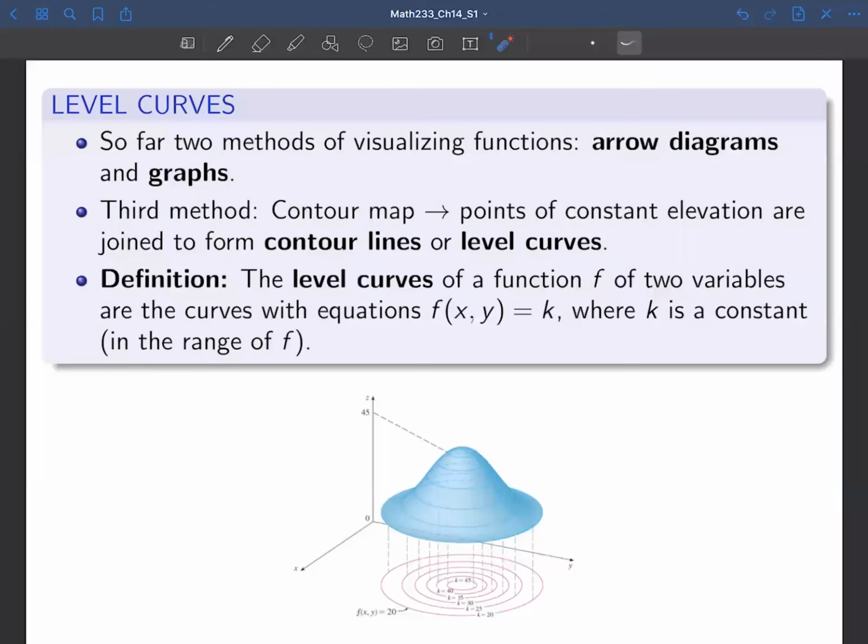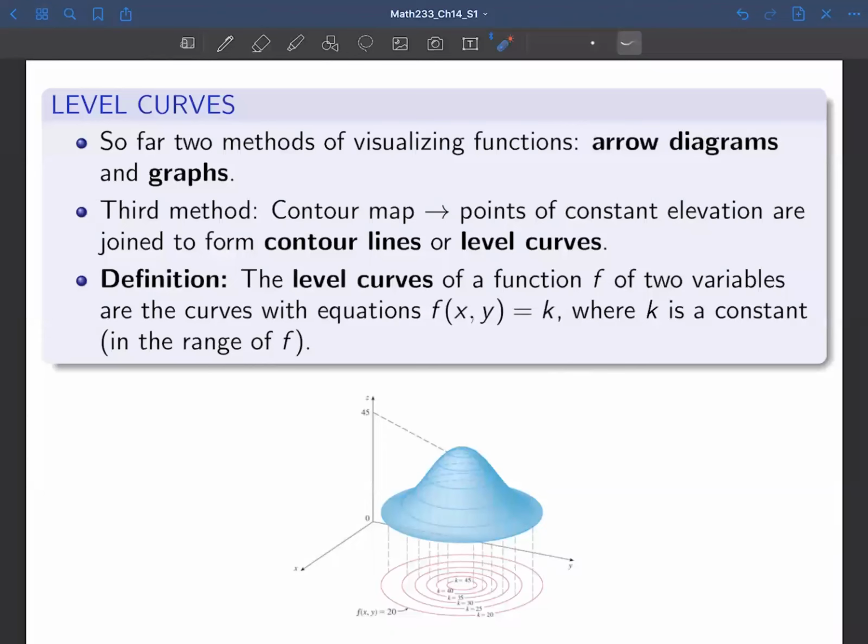In two variable functions, we also have a third method to visualize them, which is the method of a contour map, which we borrow from map makers. And in this case, points of constant elevation are joined to form what we call contour lines or level curves. And what are these level curves?